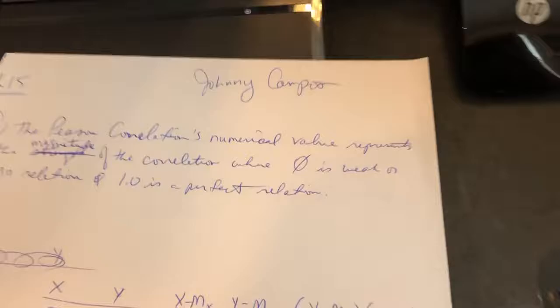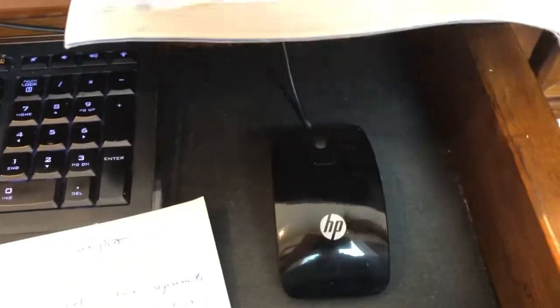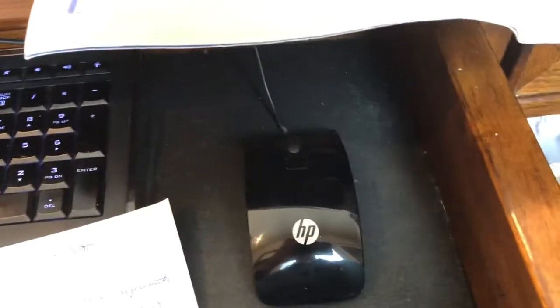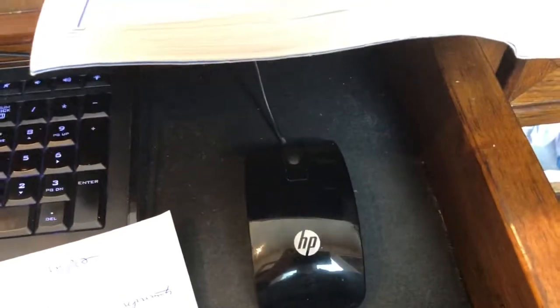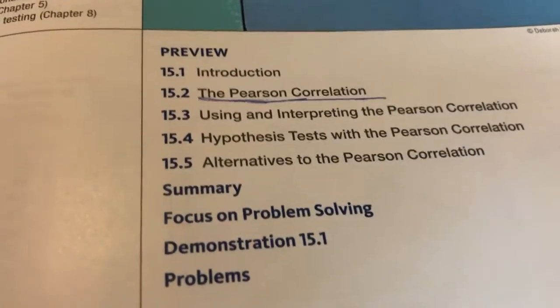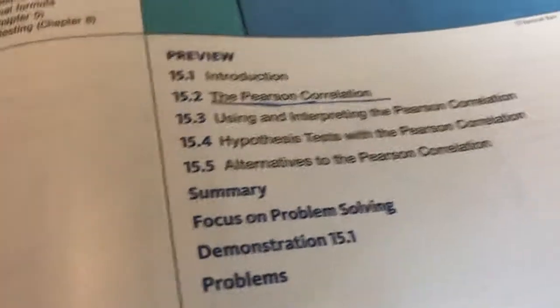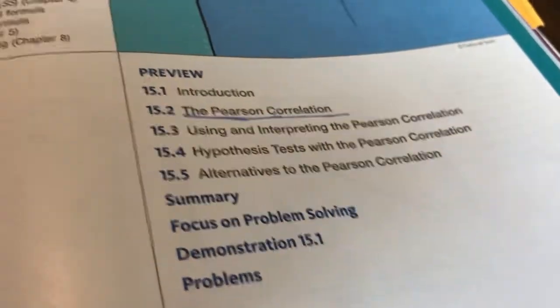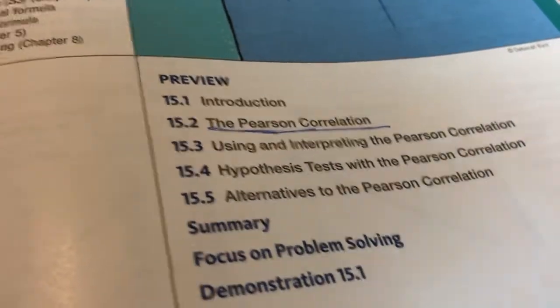Okay, yeah, wow. So then we move to chapter 15. I did not read the whole thing, but they're introducing the Pearson correlation, which we've seen in all the previous classes. We've seen them in a bunch of lit reviews.